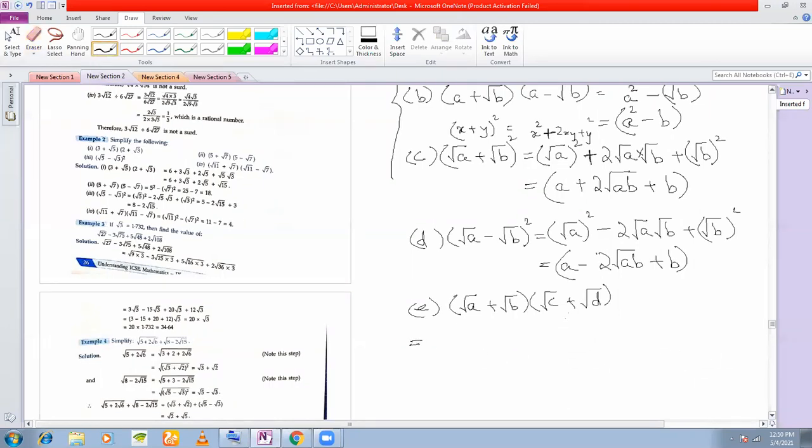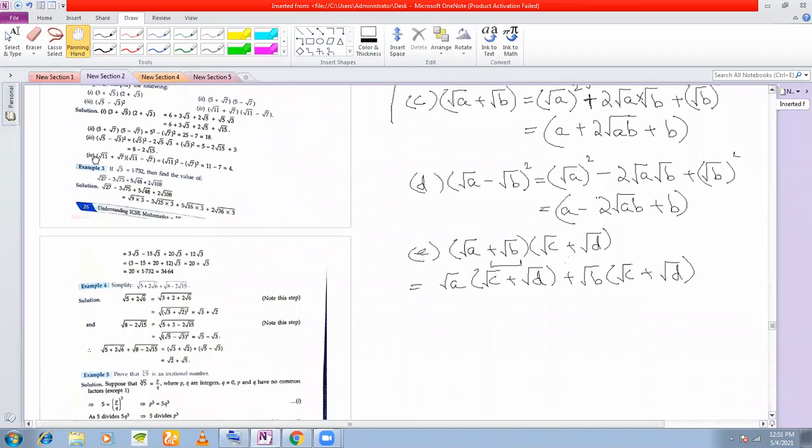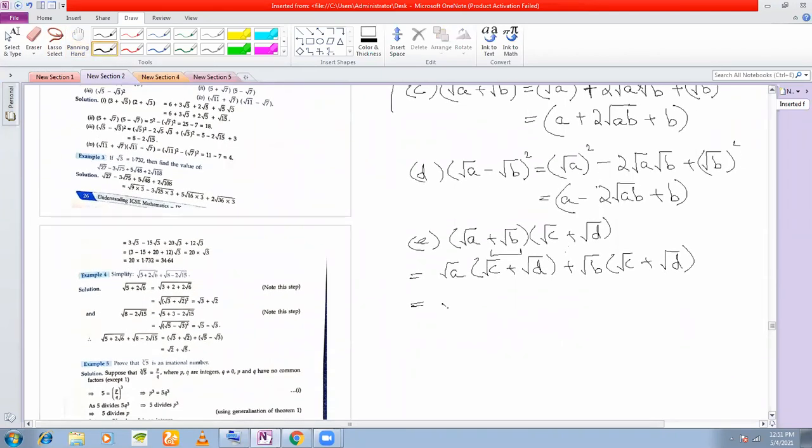So what we'll do here is, you have root a, we'll multiply with root c plus root d, and plus, because plus root b is here, plus root b we will multiply with root c plus root d. Okay, so now we'll multiply this, you get root a into root c plus root a into root d plus root b into root c plus root b into root d.